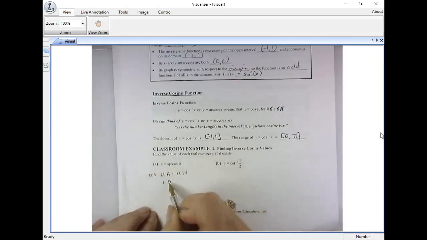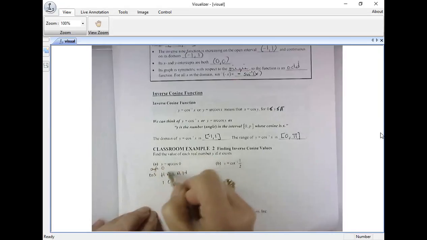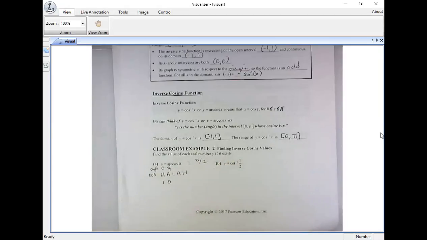If we start high, this is going to be an angle measure of 0. This is what? 90, which is pi over 2. Right? Does that make sense? You're just kind of thinking backwards is all you're doing.